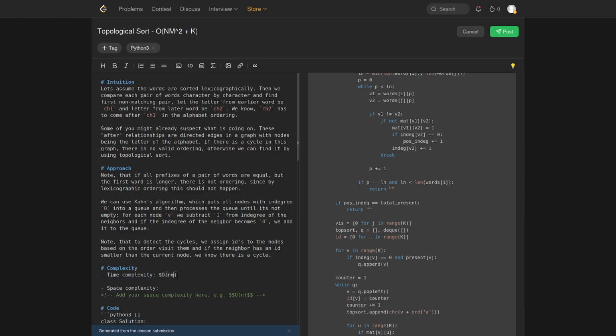The time complexity is O of n m squared plus k, where n is the number of the words, m is the maximum length of all the words, and k is the size of the alphabet, since we compare n squared m like that. Okay.